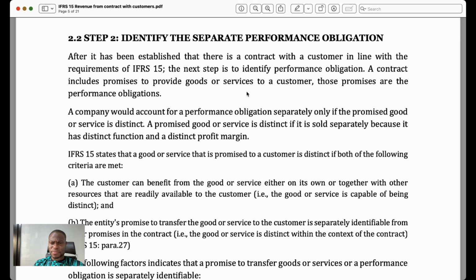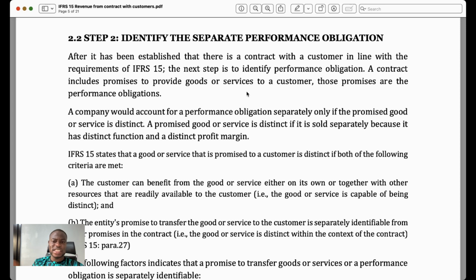And the way you account for each of the goods, you account for them separately only if they are distinct. Okay, so each of those goods must be distinct, right? And you're going to recognize revenue on each distinct good or service.